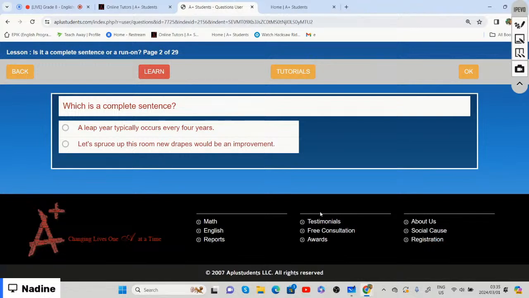It says a leap year typically occurs every 4 years. And let's spruce up this room. New drapes would be an improvement.